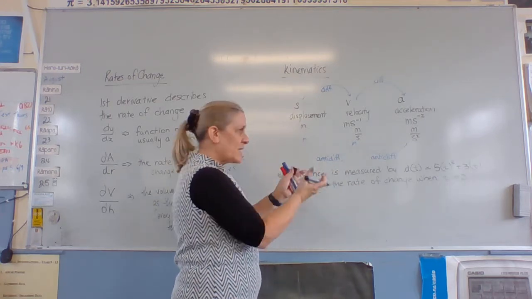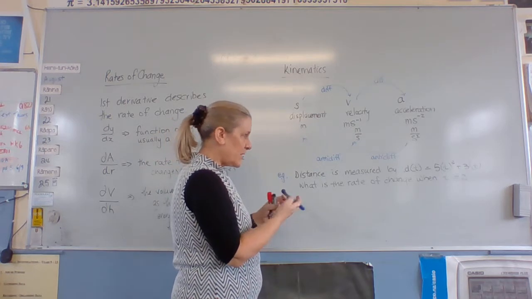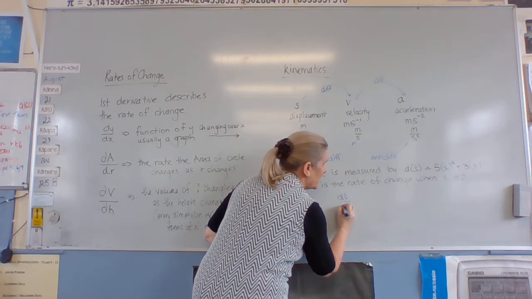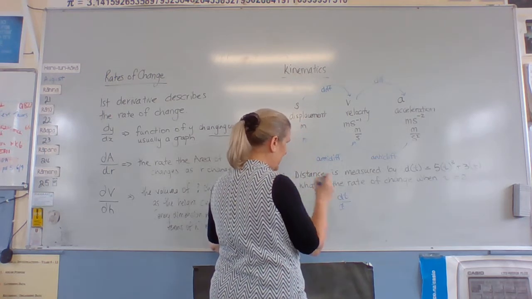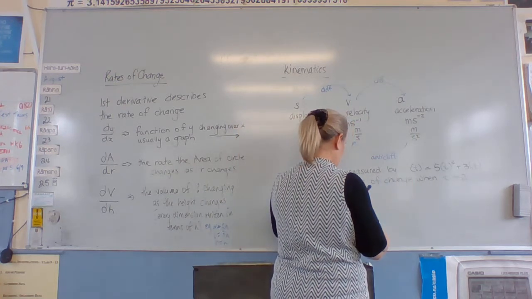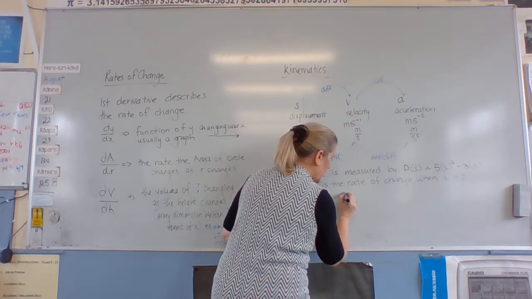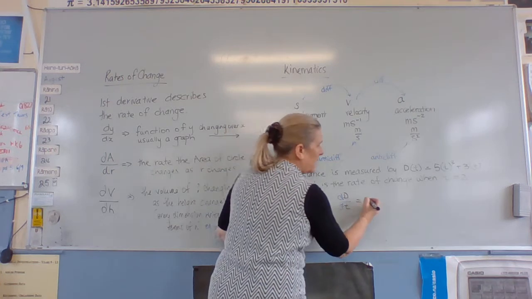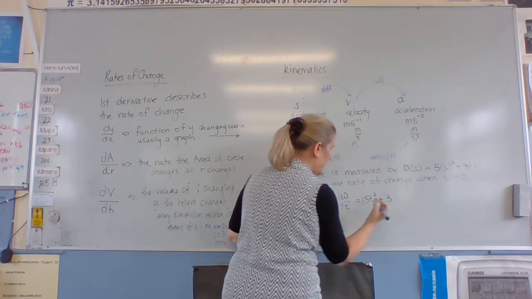What do we do? We take that rate of change says differentiate, so we differentiate and we put 2 in. Change it to big D so that we know the difference. Dg by dt equals 15t squared plus 3.